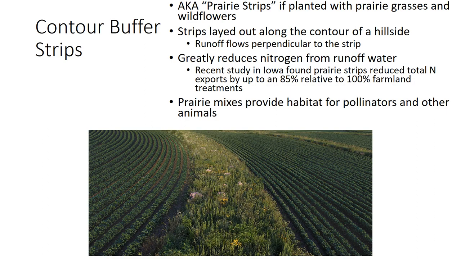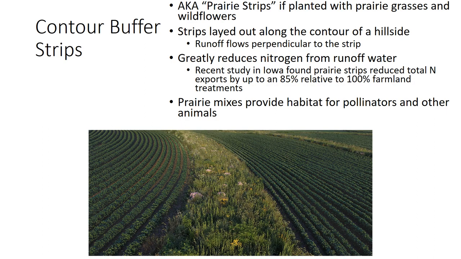So a contour buffer strip is where we have contour tillage or contour farming, where all the rows are planted in a contour around a hill. And if we have strips of grass in between these strips of row crops, then the grass can help slow down the water that's flowing downhill. And that slowing the water can trigger more infiltration, which reduces runoff and also reduces how much erosion can occur.